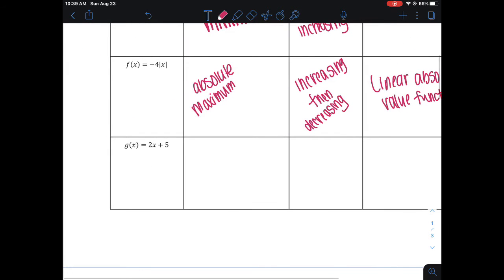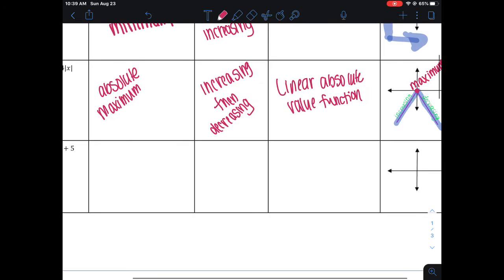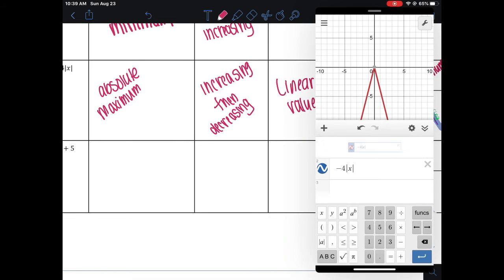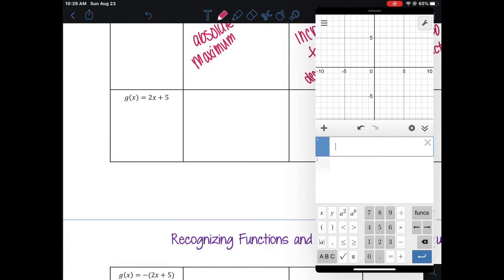Okay, next one, g of x equals 2x plus 5. G of x, don't get stumped. It's the same thing as f of x, which is the same thing as y of x. All right, so I'm going to clear these two graphs out. I just hit the X on the right-hand side to get rid of them so that I don't have a million graphs on my graph.